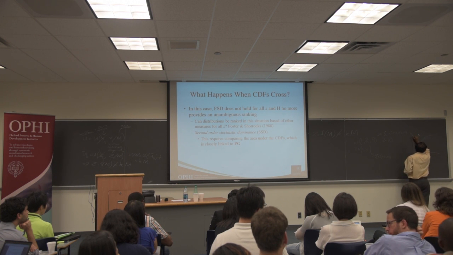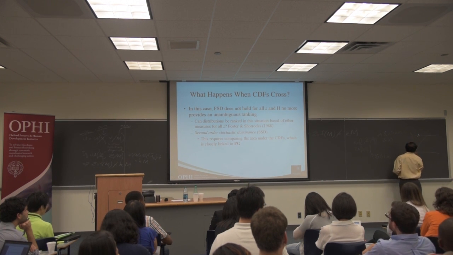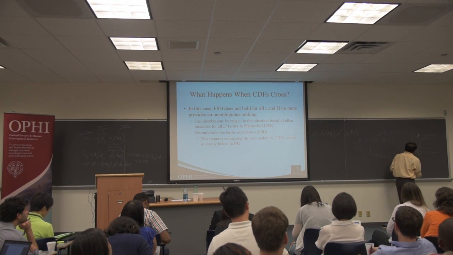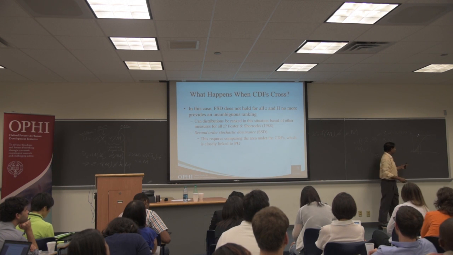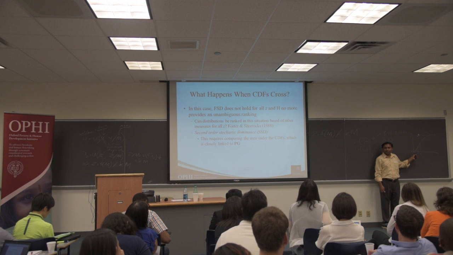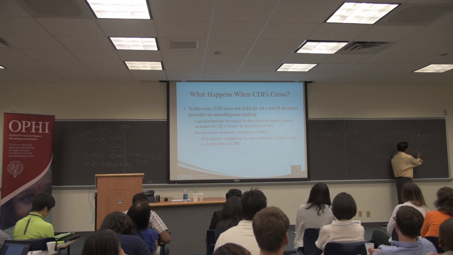Suppose you have this distribution. You take, suppose, this z prime, and again compute the entire area. If you look at this particular area, it's related to the poverty gap, because you are taking the distance between these two and then multiplying by the frequency.